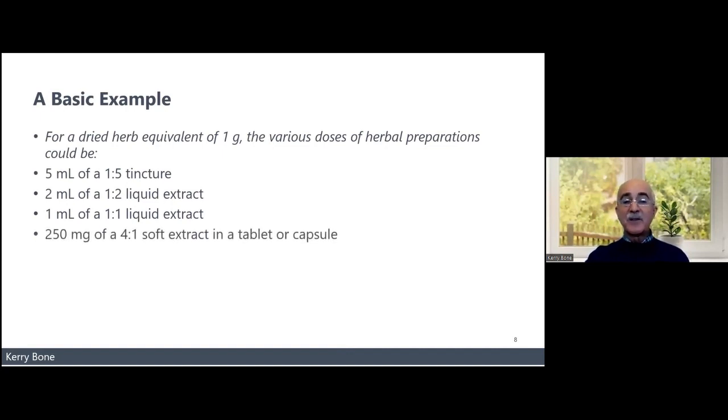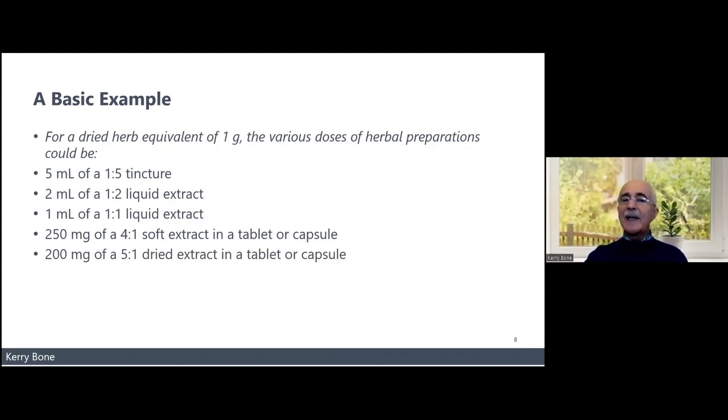And if there's been a soft extract, it hasn't been taken fully through to dryness, that's then been eventually dried in a tablet or capsule, and it's a 4:1, 250 milligrams of that soft extract. Or if it's a 5:1 dried extract, 200 milligrams of that dried extract in a tablet or a capsule.